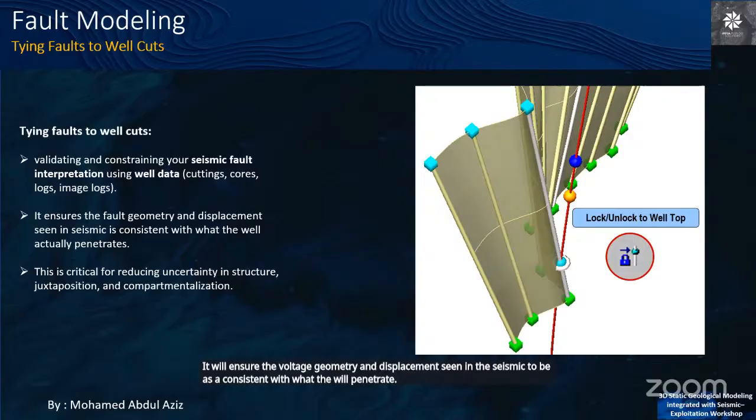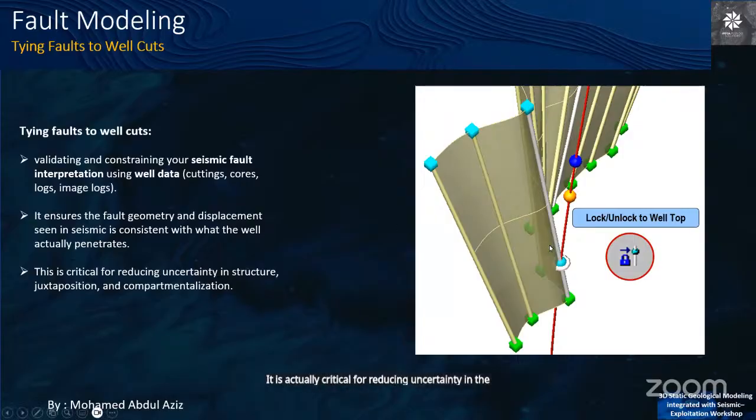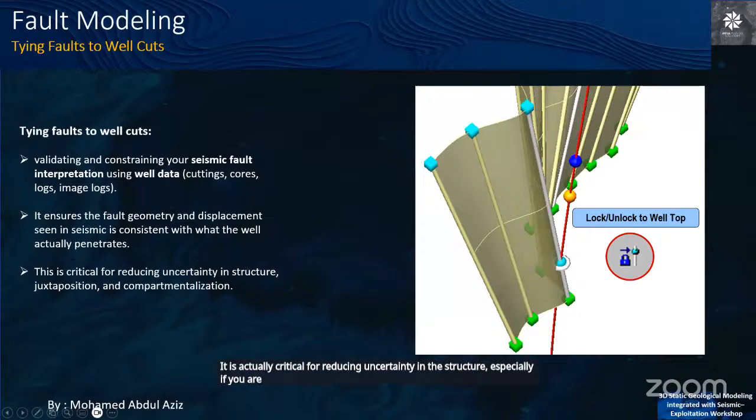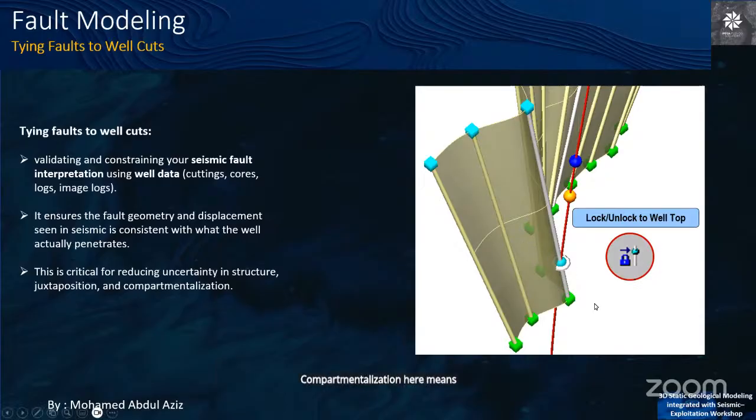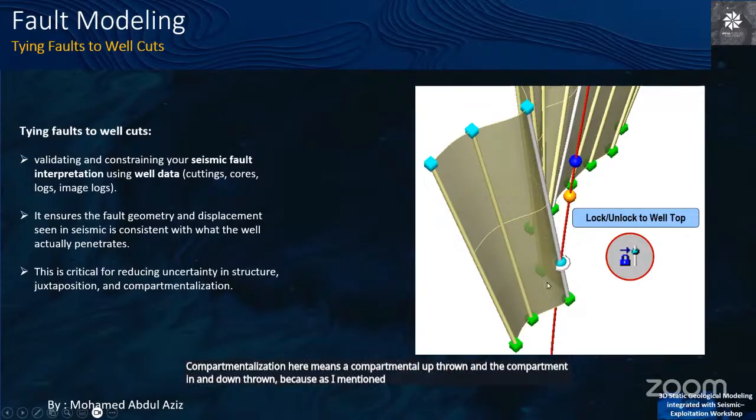It is actually critical for reducing uncertainty in the structure, especially if you are making fault seal analysis, juxtaposition and compartmentalization. Compartmentalization here means a compartment in the upthrown and a compartment in the downthrown, because as I mentioned to you, the fault is classifying the model into compartments with different pressure, maybe with a kind of pressure communication.